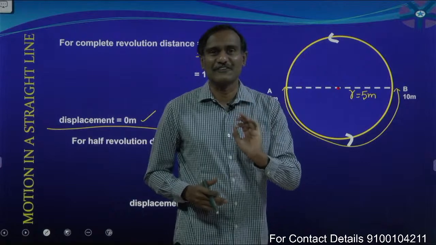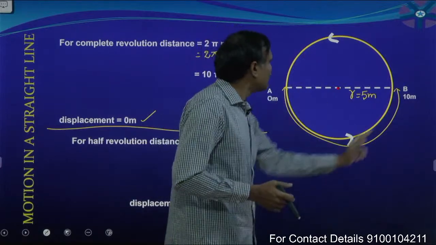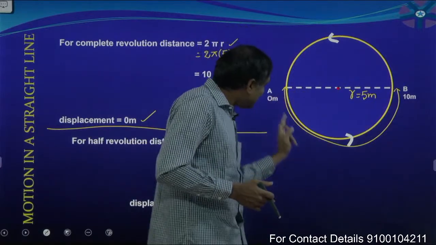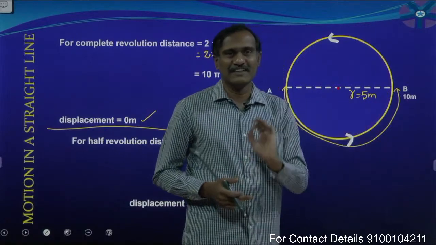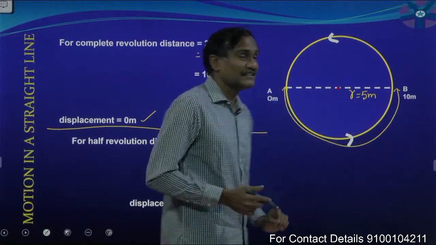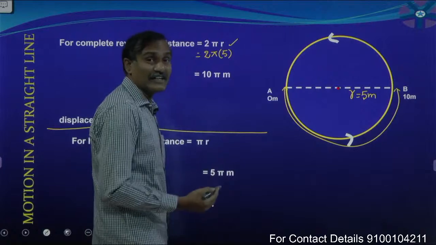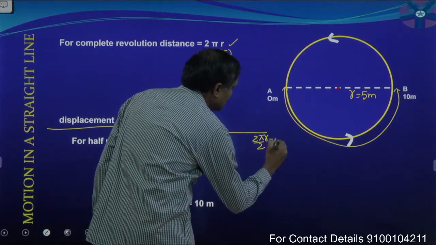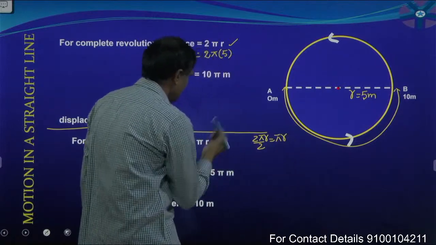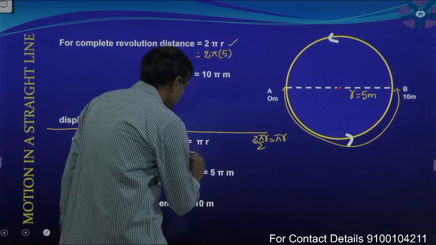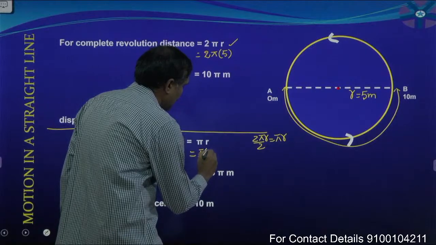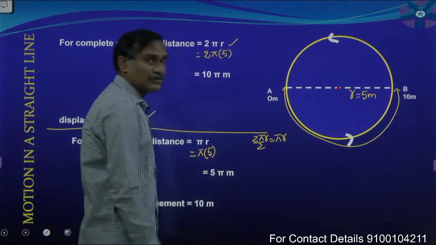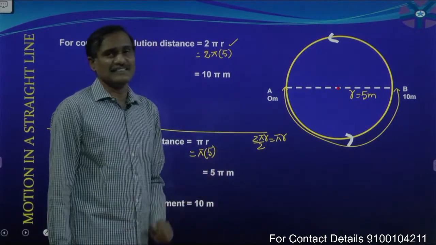Half of the circumference. Circumference is 2 pi r, and in this only half, that is 2 pi r divided by 2, nothing but pi r. Pi into r, which is 5, equals 5 pi meters.